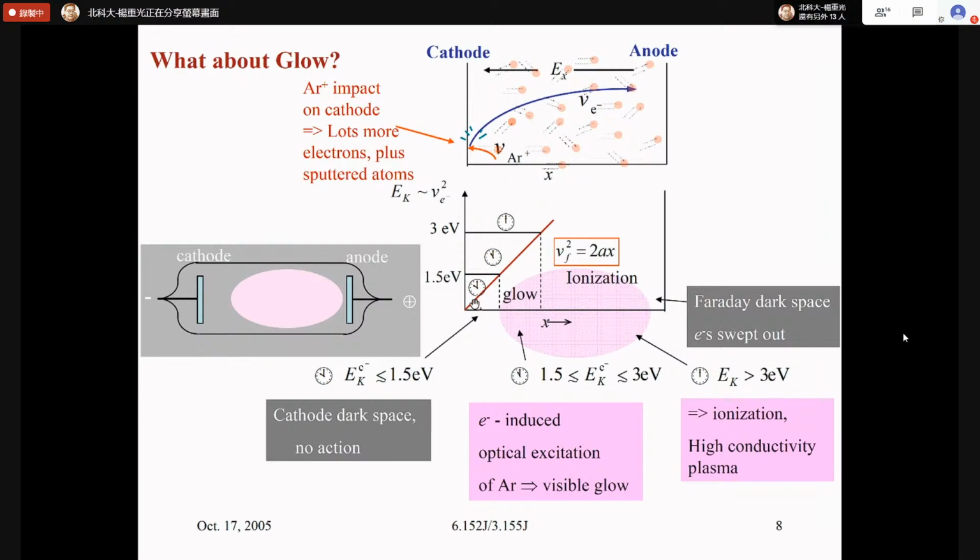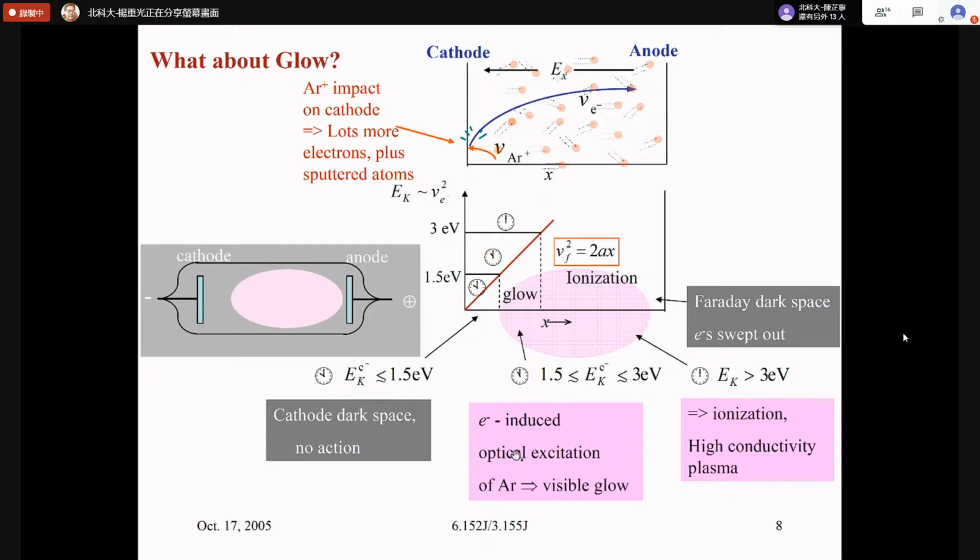This is a cathode, this is an anode, and we say this is a dark sheath. In here we also have what we call the Faraday dark space. So cathode dark sheath over here, and anode dark sheath.